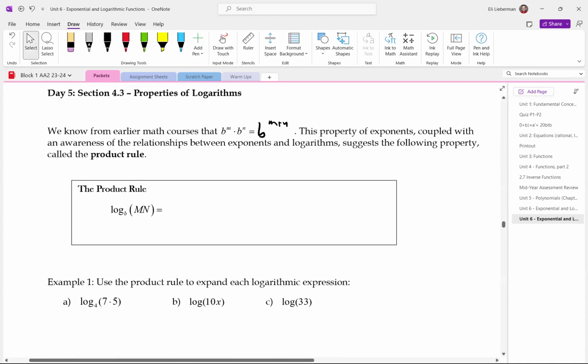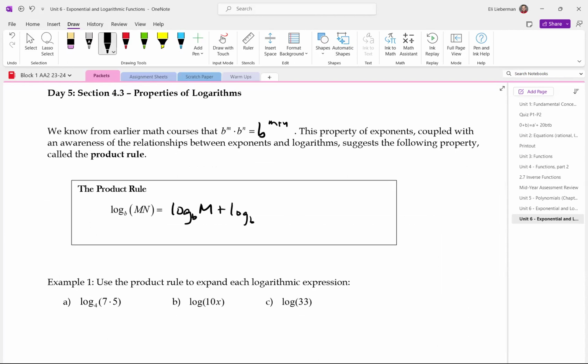So because logs are related to exponentials, it should not be a surprise that log base b of mn is equal to log base b of m plus log base b of n. This is the product rule of logarithms.